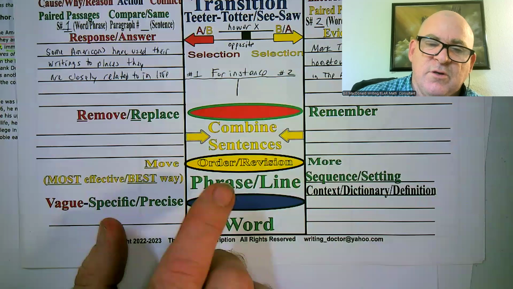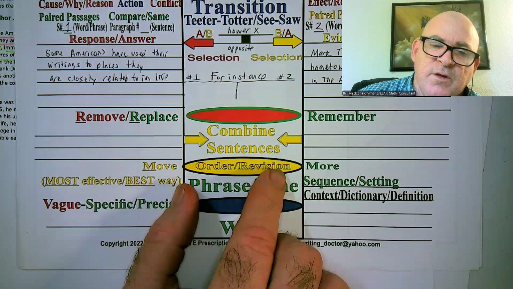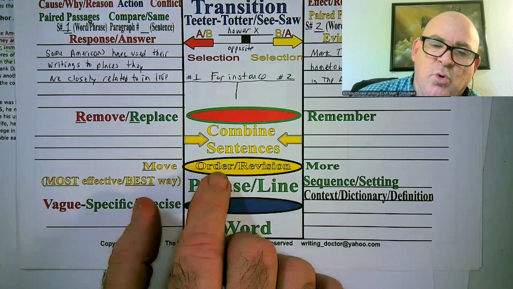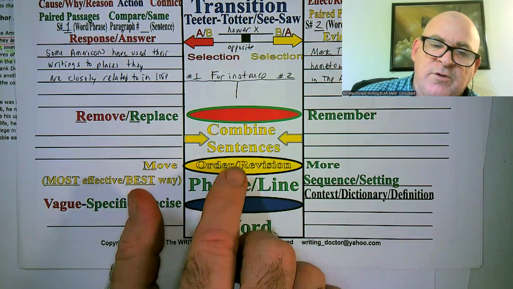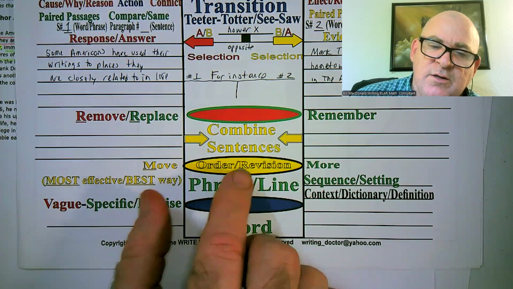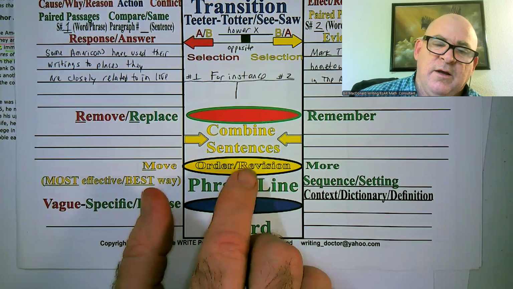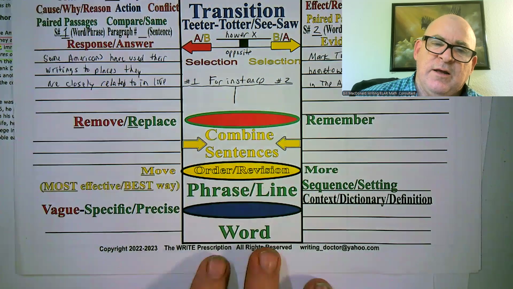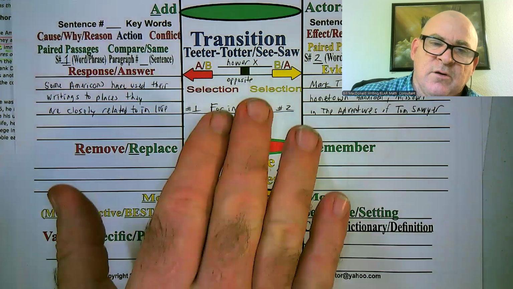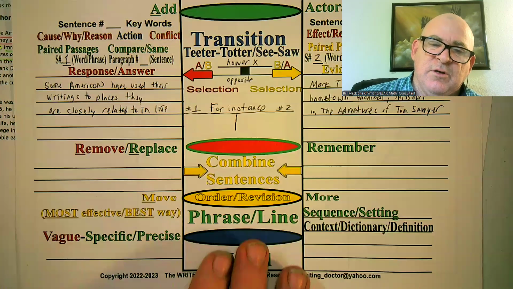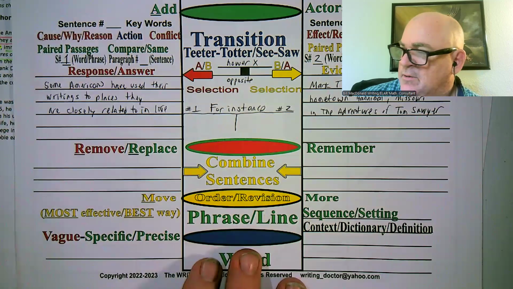Okay, and I want you to notice one of our questions that we did earlier said, what is the best revision? All you're doing is changing the order of the words, how they're organized, without changing their content or their meaning. And just so you can understand how I did the ARM, the lower these skills are on the ARM, the easier, in my opinion, they should have been for your kids to handle.